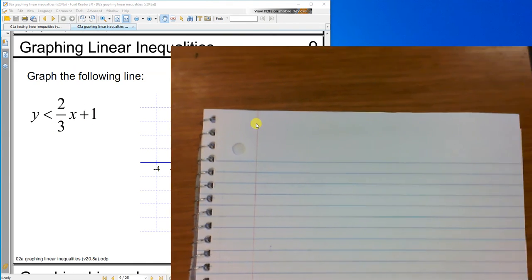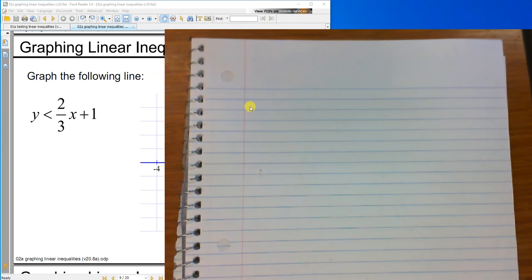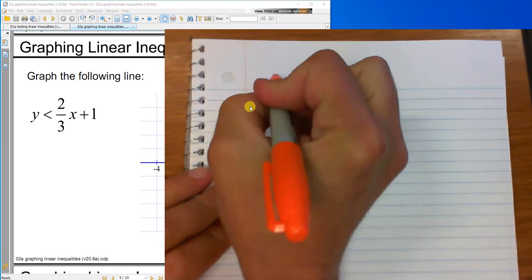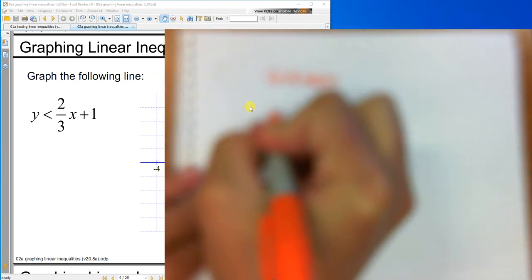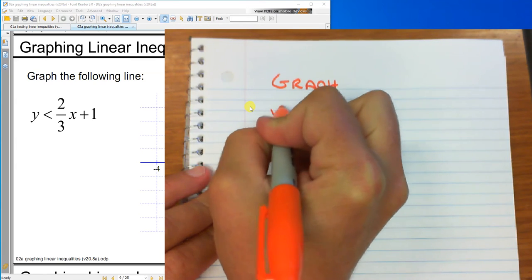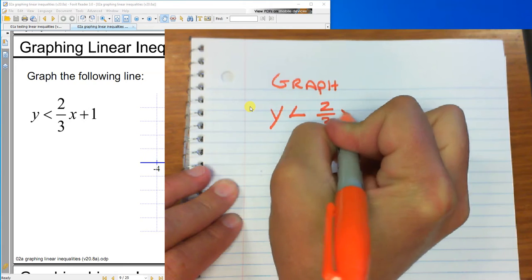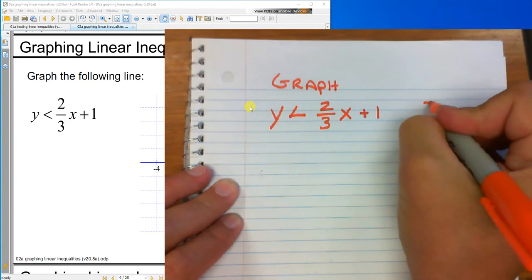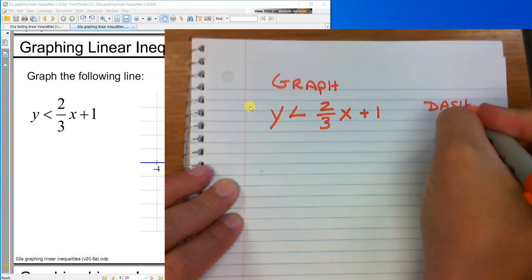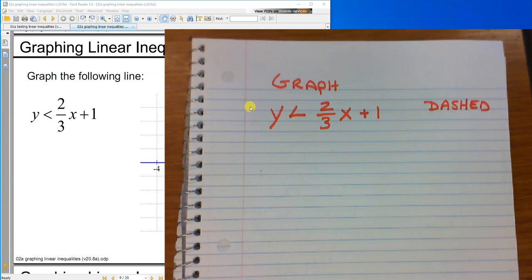So let's graph, and we know it's a dashed line because of the inequality symbol.